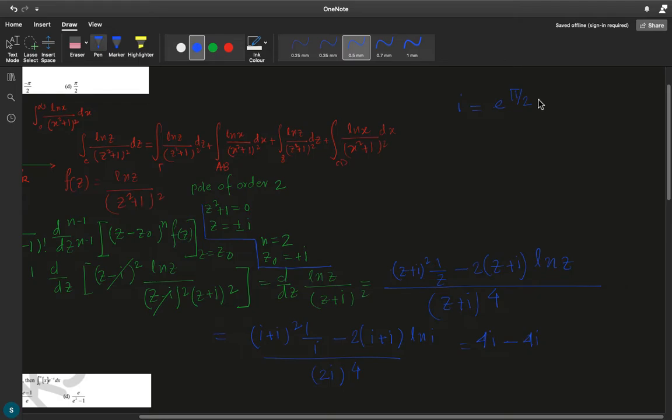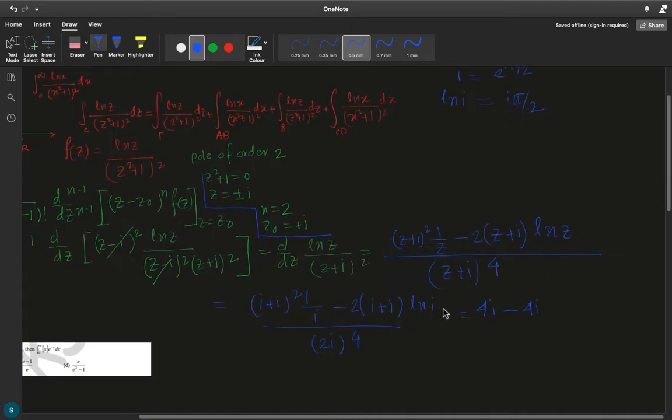So if I take logarithm on both sides, ln i will be i pi by 2. So here ln i is equal to i pi by 2.